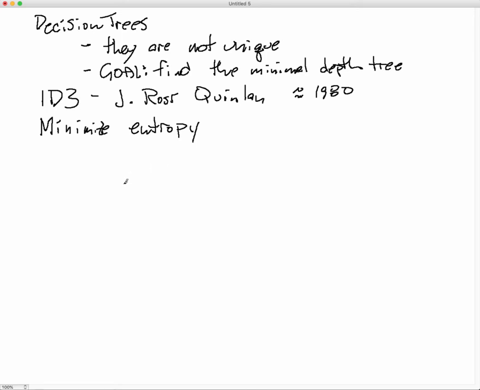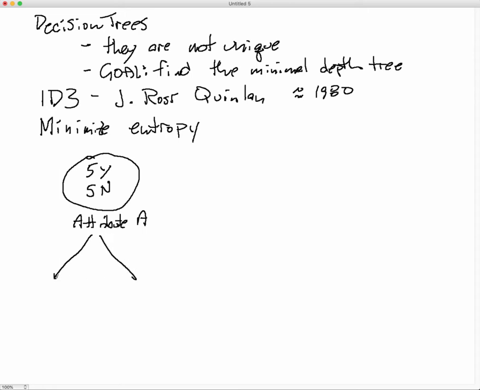And you may recall last time we considered some population and we said, suppose there are 5 yeses, there are 5 no's, and we pick some attribute A. I know this is review. And on attribute A, we could have 4 yeses and 1 no on one value, and 1 yes and 4 no's on the other.